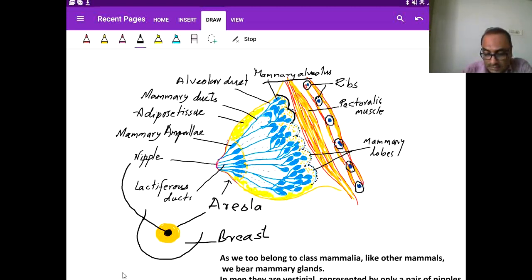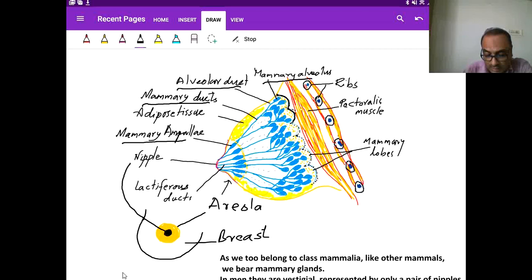They are connected first with the alveolar duct, and many alveolar ducts join together forming mammary ducts. Okay, and mammary ducts join to the ampulla, mammary ampullae, as we see here, these structures.